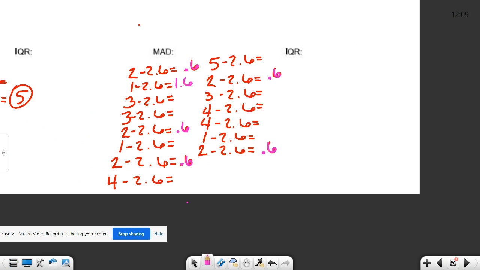So everywhere there's a 1, we can put 1 and 6/10. Is everybody with me so far? We're just subtracting and ignoring the negatives. All right, 3 minus 2.6. 4/10.